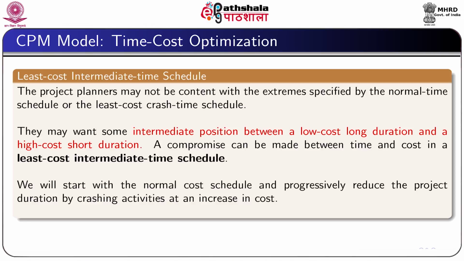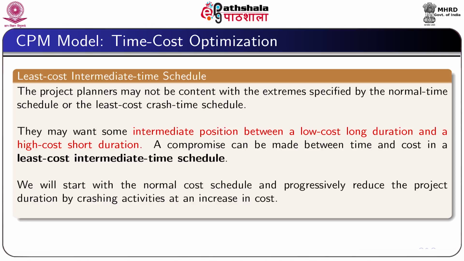In most situations, the project planners will not contend with the extreme specified by the normal time schedule or the least cost crash time schedule. They may want some intermediate position between a low cost long duration and a high cost short duration.